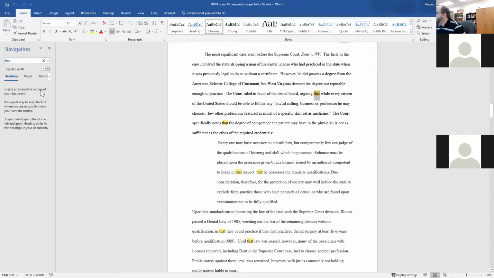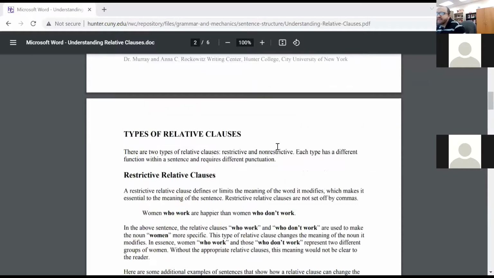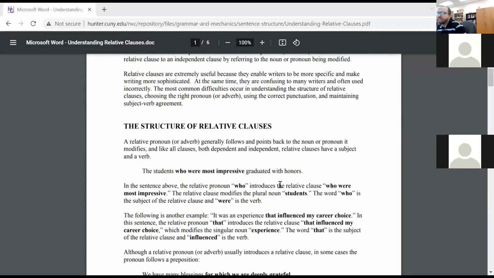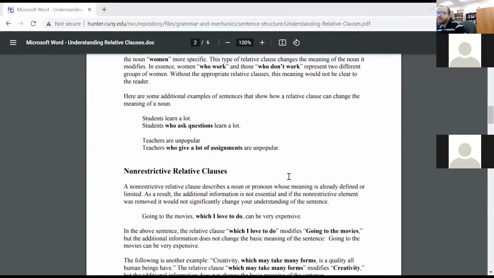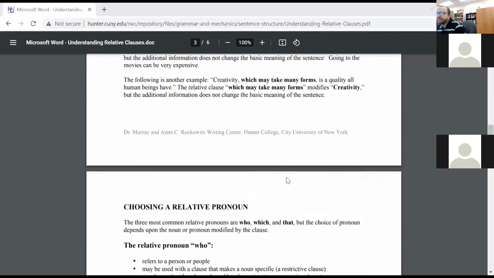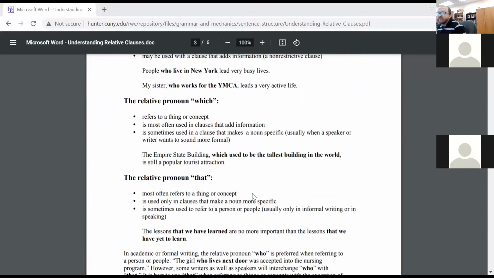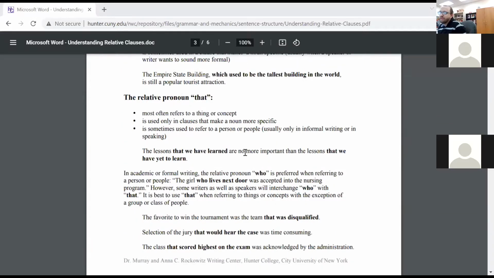Sometimes in the sentences, you don't have to include the word "that." Like let me go back to the other page real quick. Go back to the "that's." The word "that" is oftentimes implied in the sentence too.